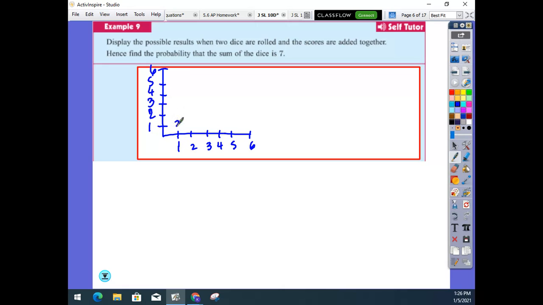So 1 and 1 is 2, 2 and 1, 3 and 1. Then I'm going to take 1 and 2, 2 and 2, 3 and 2.